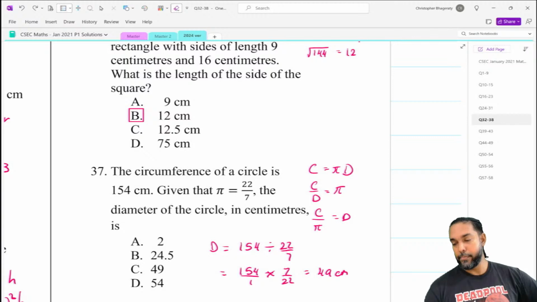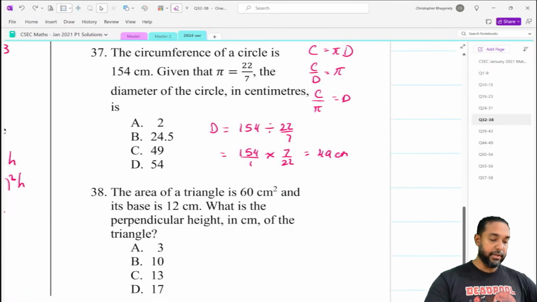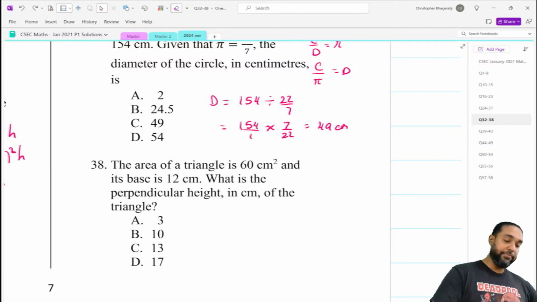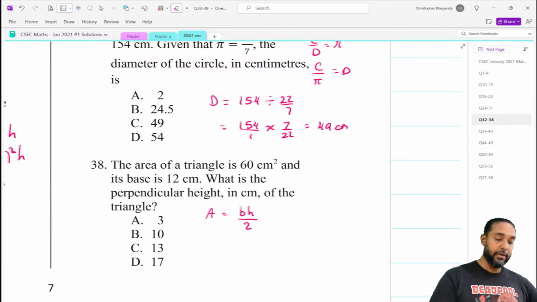Anyhow, okay, 38 now. The area of a triangle is 60 square centimeters, and its base is 12 centimeters. What is the perpendicular height? So what is the formula for the area of a triangle? Base by perpendicular height all over 2. Okay, so the area they give us is 60.